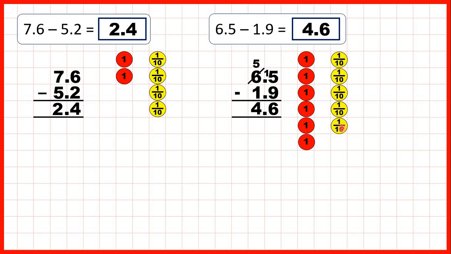Now we can take away 1, 2, 3, 4, 5, 6, 7, 8, 9. So that left us with 6 tenths, but you'll notice we had to exchange one of our wholes, so now we only have 5 ones. We're taking 1 away, so that leaves us with 4 ones and 6 tenths, so 4.6.